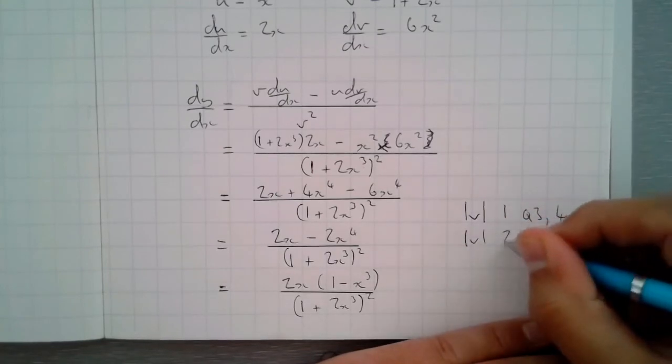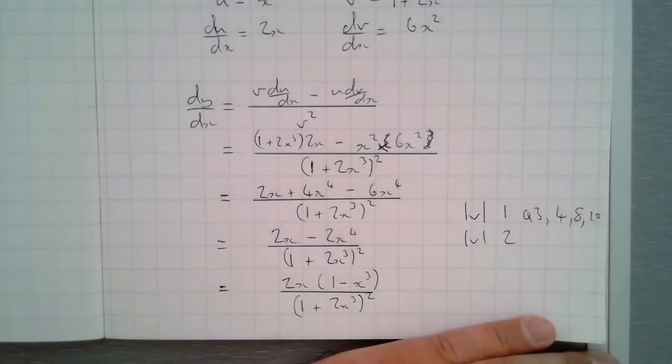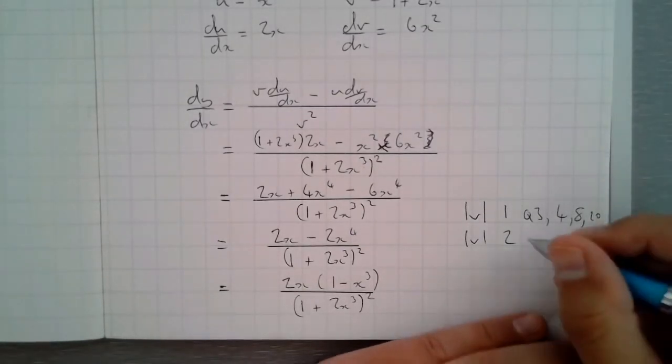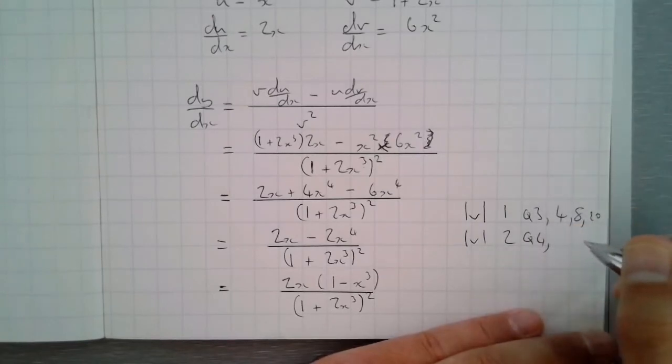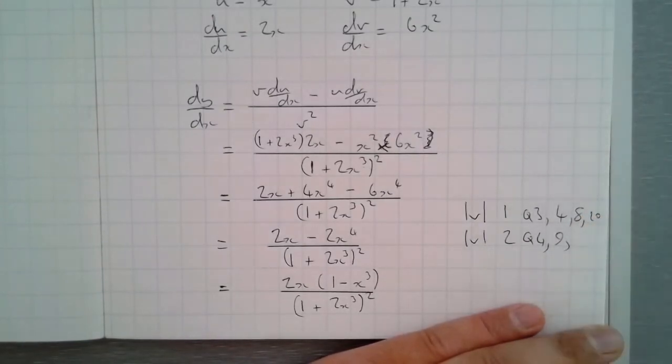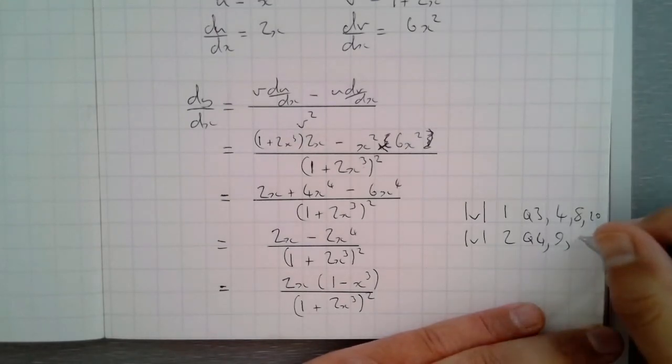And from the level 2 sheet, can you have a go at question 4 and 9, no, why not 10?